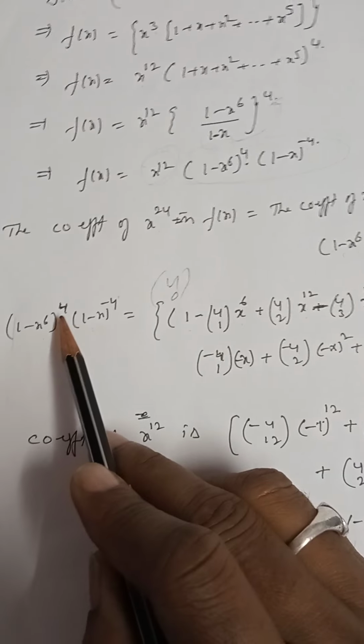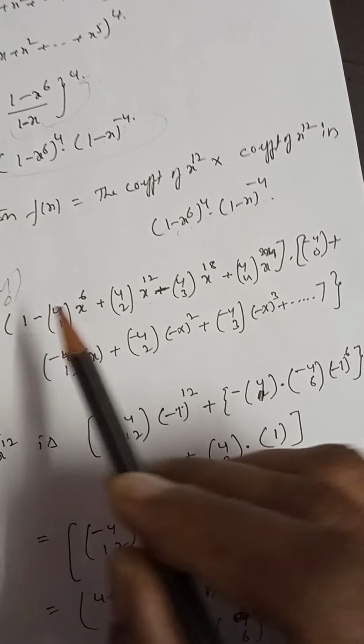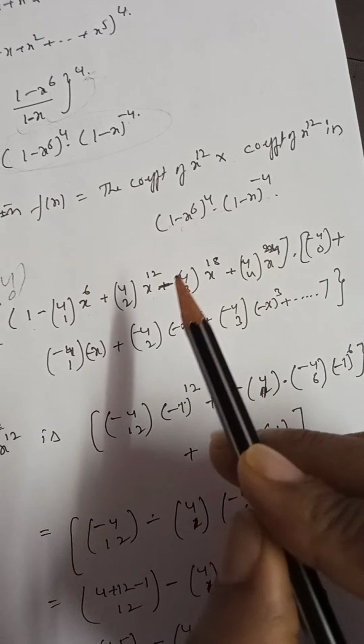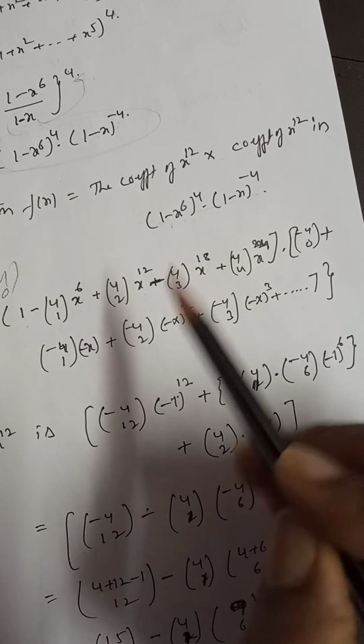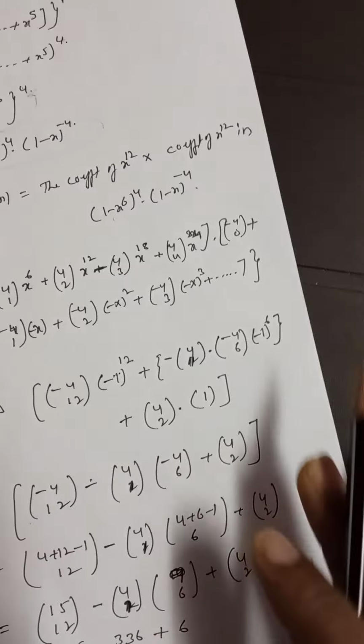Because here n value is 4, that means coefficients are nC0, nC1, nC2, nC3. Here 4C0, 4C1, 4C2, 4C3, 4C4 only.